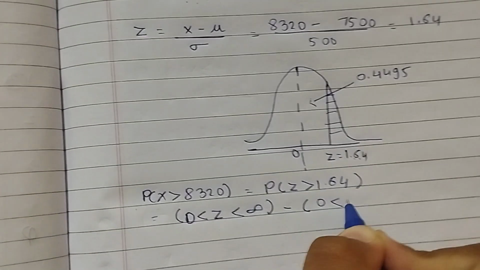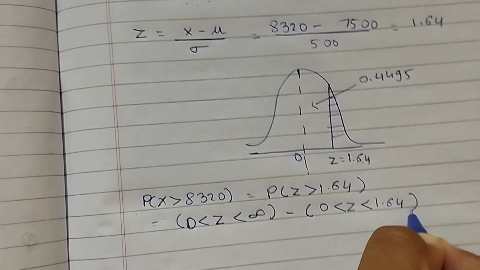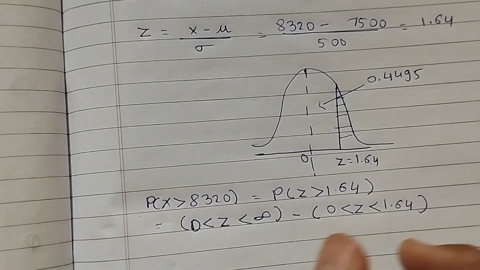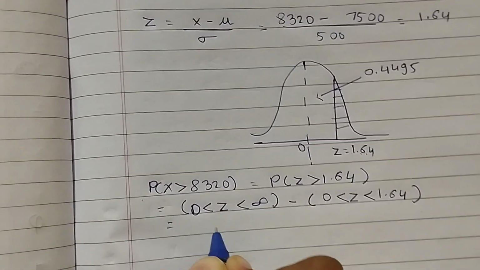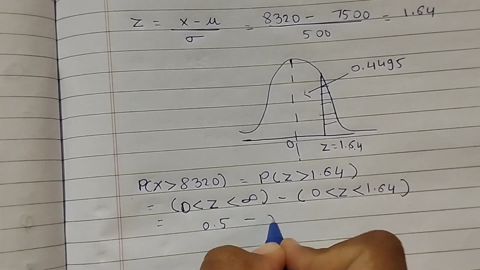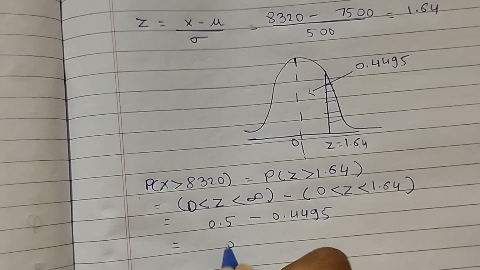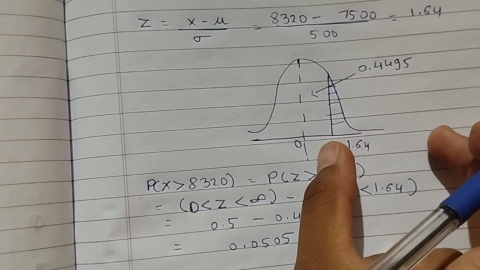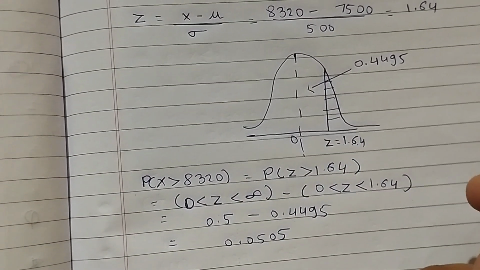So this is 0.5 minus 0.4495, and we get 0.0505, which is the remaining area, the area greater than 8320.